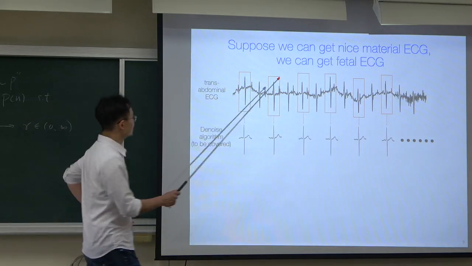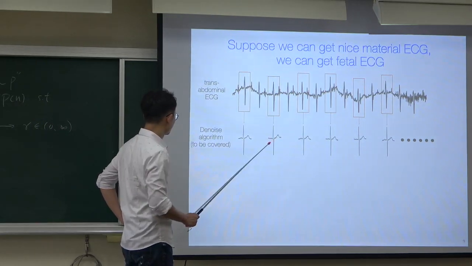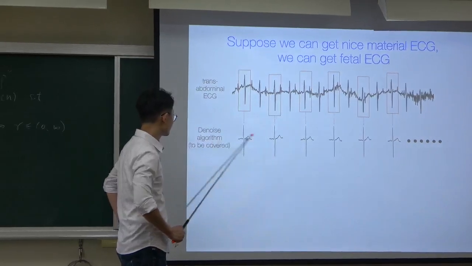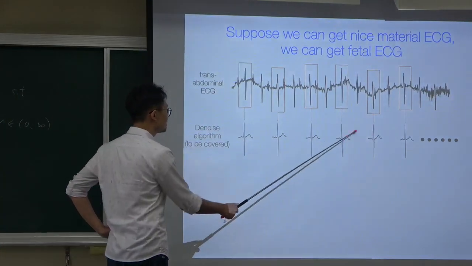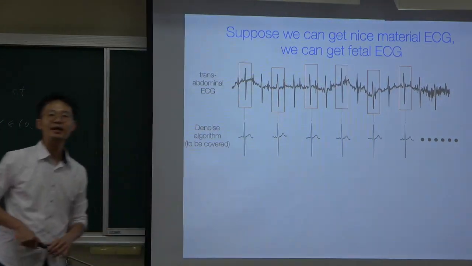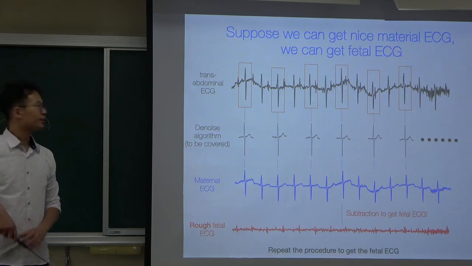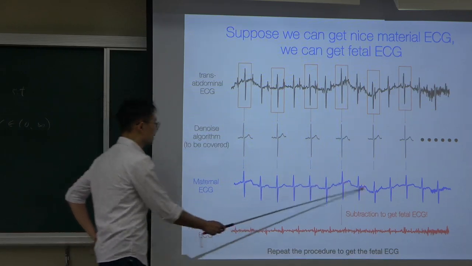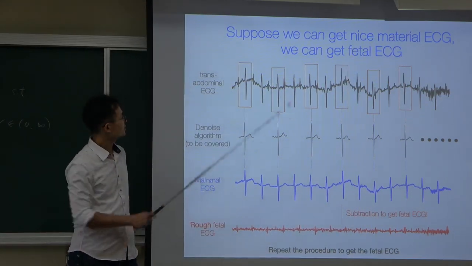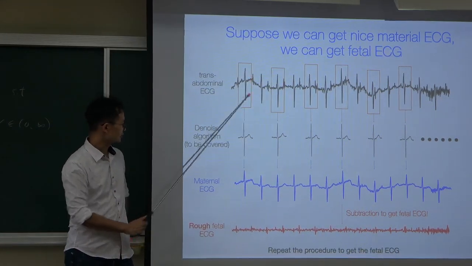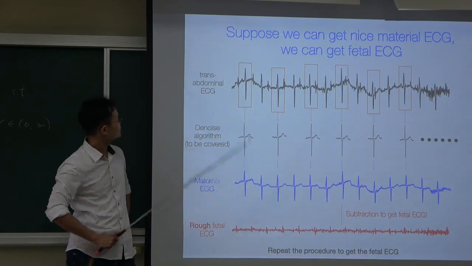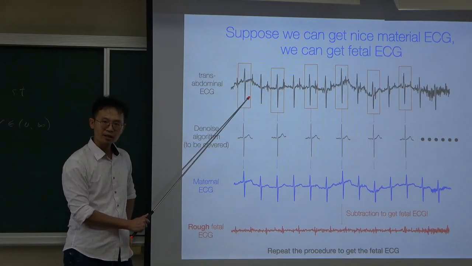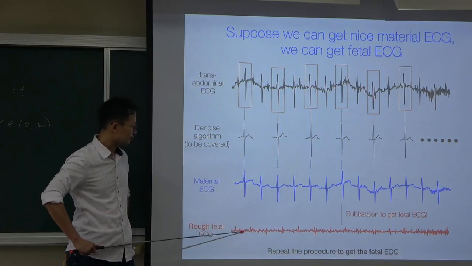Suppose we can achieve it. After applying the denoise algorithm, we get the maternal ECG back very well. Then we can patch everything together to get the maternal ECG, and we subtract the maternal ECG from the transabdominal ECG, and get the rough fetal ECG.